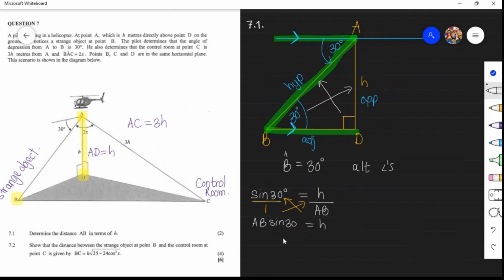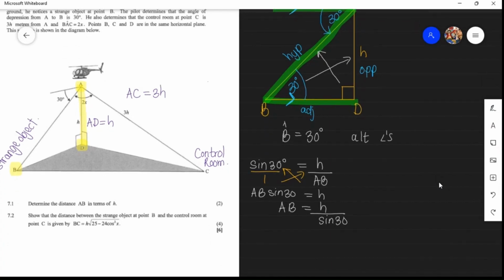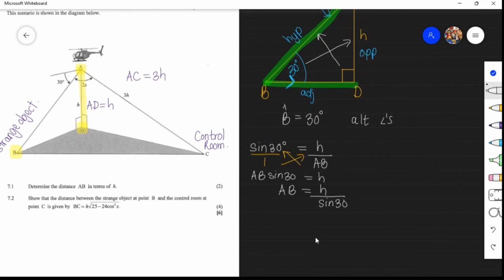From there, we can divide both sides by sine 30, and that is then going to be h over sine 30. Now, do not leave your answer like this. It is possible to simplify sine 30, so I would recommend that you simplify it and get a final answer. So how would we now simplify h over sine 30? If you notice, h has a coefficient of 1.